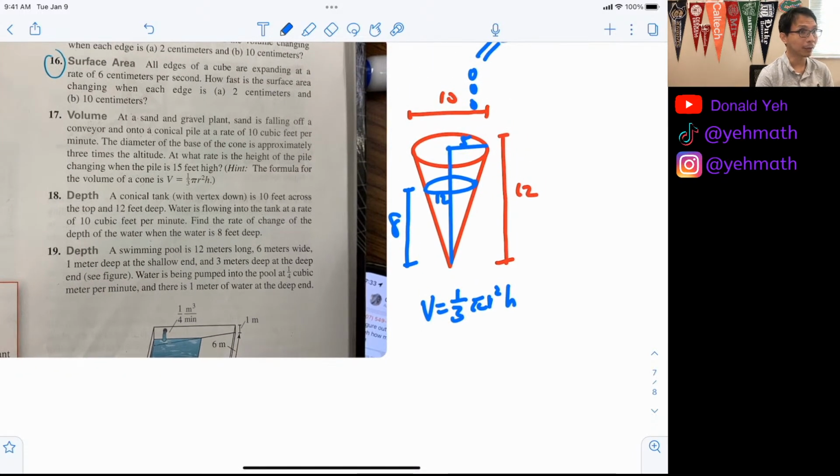If I were to take a derivative at this moment, you're going to have a problem. Hopefully you can foresee that you have to do the product rule, and you have dr/dt and dh/dt. But dh/dt is what they're asking for, and the question never gives you dr/dt. So this is the first relationship. You want to find a second relationship that can reduce the variables down to one.